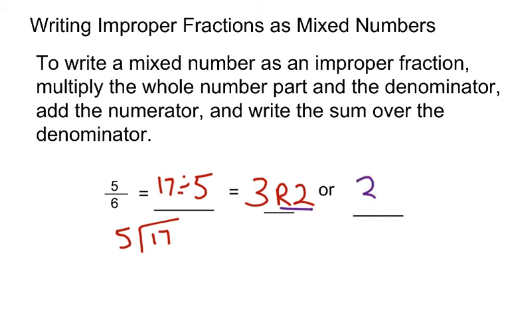We write 3 as our whole number, and our fraction is 2 over the denominator, which is 5. So it gives us 3 2/5. So we can see that writing mixed numbers as improper fractions and writing improper fractions as mixed numbers are both inverse operations.